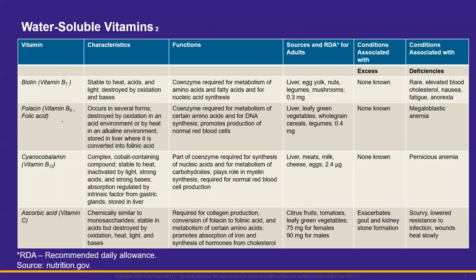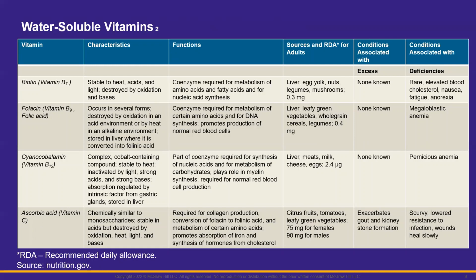Folacin, or vitamin B9, or folic acid, occurs in several forms, destroyed by oxidation in an acid environment or by heat in an alkaline environment, stored in liver where it is converted into folinic acid.